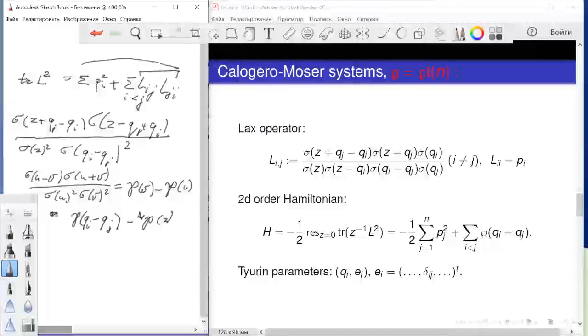And we have to sum here over i less than j.